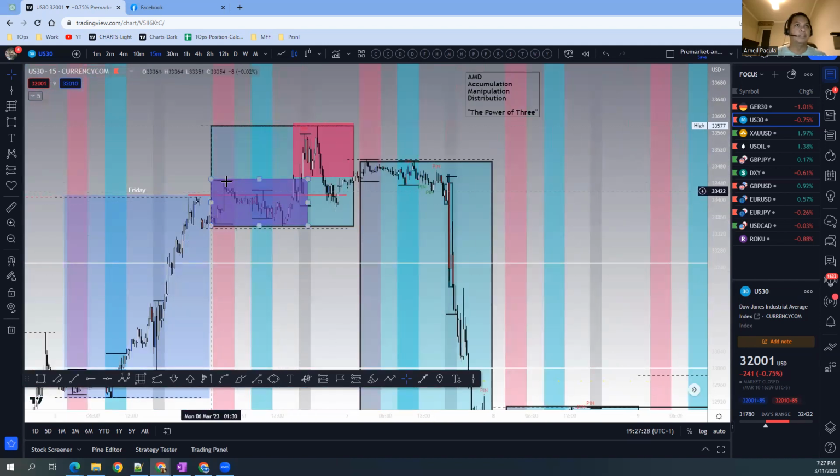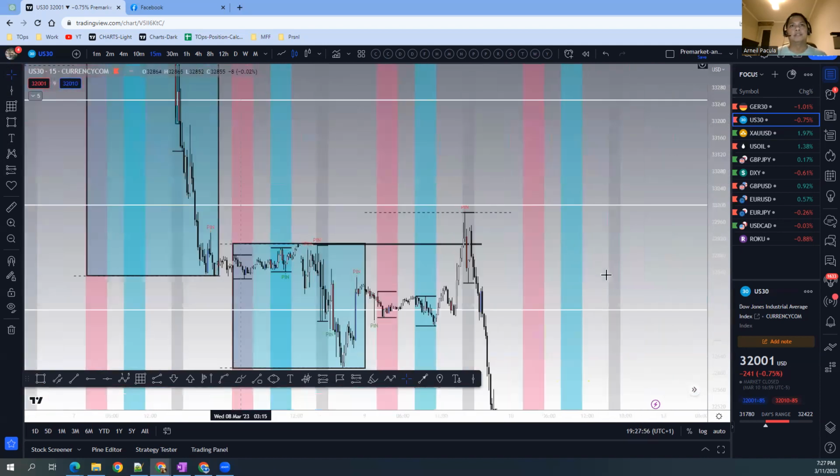But here in Monday, it was a break of the previous day. Okay, so basically this one doesn't need to come here because it already broke the previous day high on Friday. So what it does is that it's going back to this order block over here, and then accumulate, manipulate, distribute.